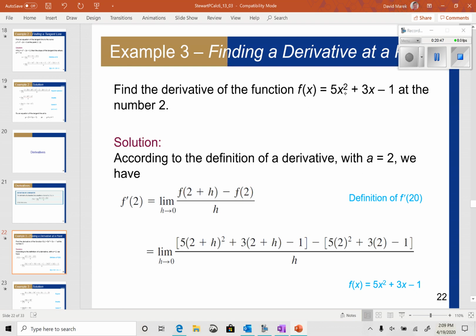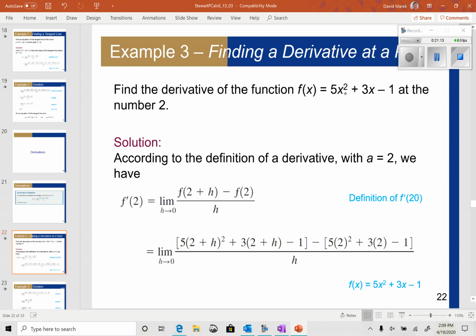So a is 2. So f prime of 2, yes, that's how you read that, f prime of 2 is the limit as h approaches 0 of f of 2 plus h minus f of 2 all divided by h. So now you're going to take this value for 2 and substitute it into our lovely equation.